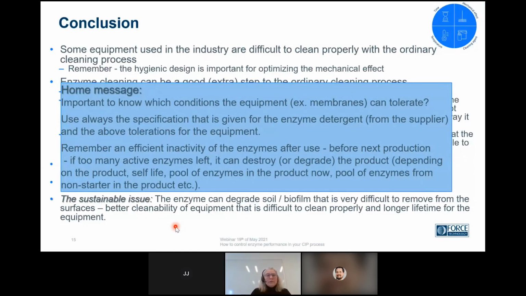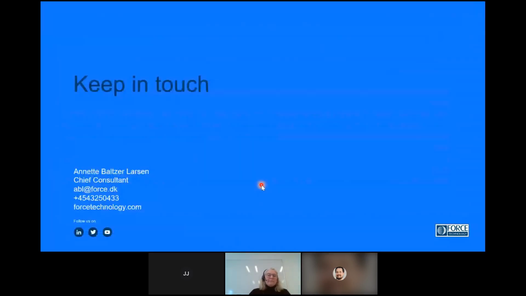Always use the specification given by the supplier for the enzyme detergents and the equipment's tolerances. And remember an efficient inactivation of the enzymes after use, before the next production. If too many active enzymes are left, it can destroy or degrade the product. It will depend on the product, the shelf life, the pool of enzymes in the product now, the pool of enzymes from the non-starter in the product, and so on. Thank you.